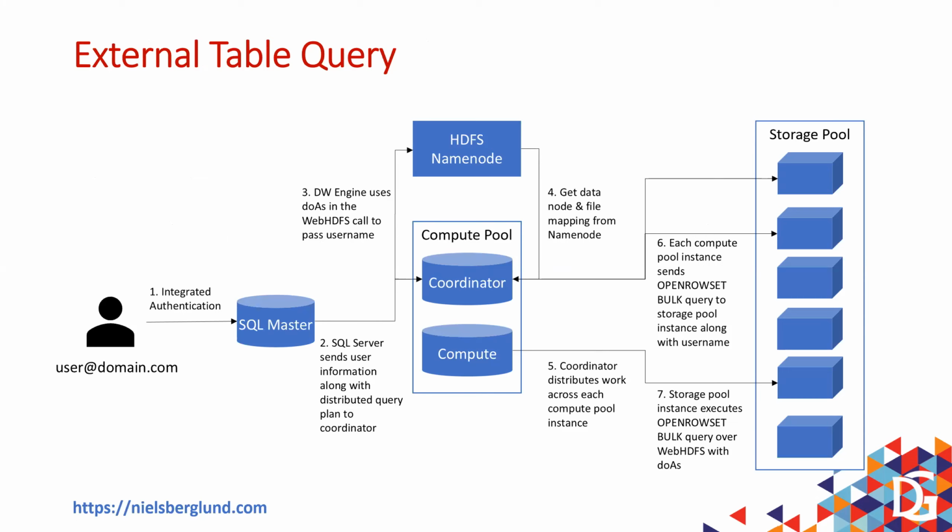So part of Polybase is the advanced data warehouse engine that uses DoAs in a WebHDFS call to pass in the username to the name node of HDFS, and then we are getting file information, metadata, etc. Whereas the coordinator distributes the work across each compute pool instance, and each compute pool instance sends an OPENROWSET bulk query to the storage pool instance together with your username, and the storage pool instance executes the OPENROWSET.